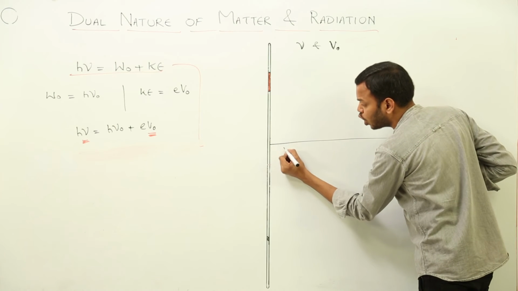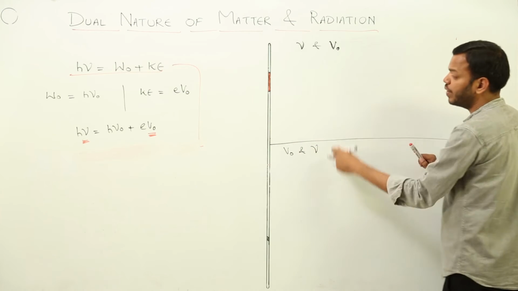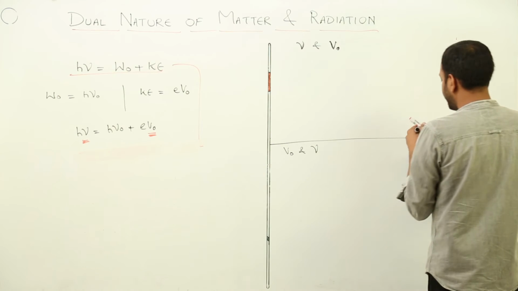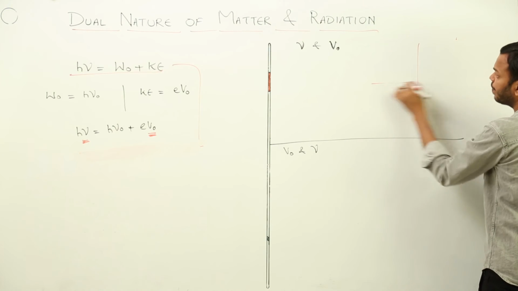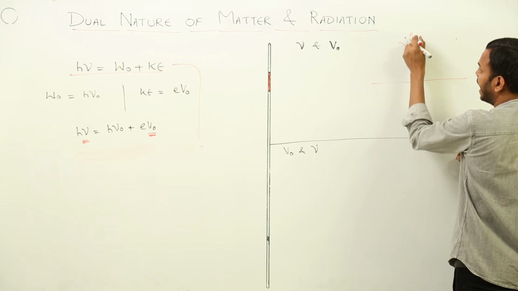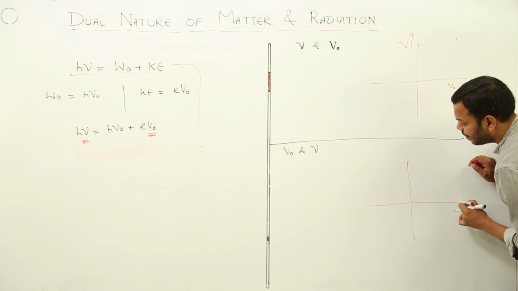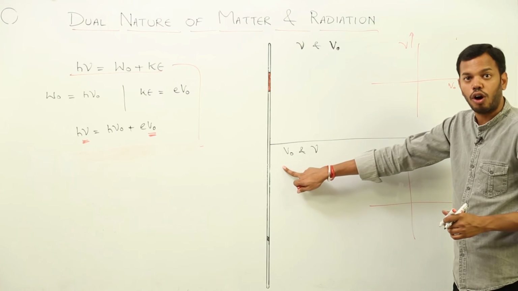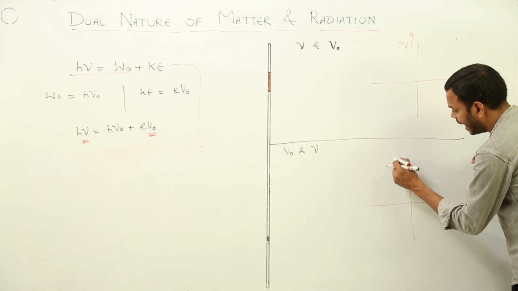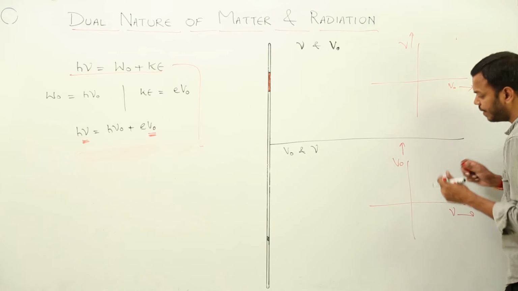Second, I want to draw the relationship between stopping potential and frequency. What is the difference between this and this? In this, if I draw a graph, I'll mention frequency on the y-axis and stopping potential on the x-axis. Whereas in this way, for the graph of stopping potential and frequency, I'll mention stopping potential here and frequency on this axis, right?